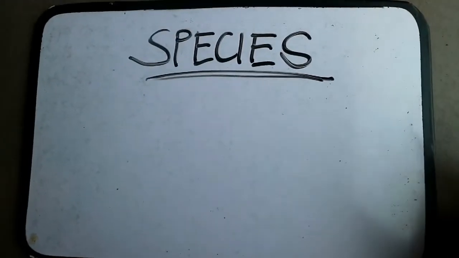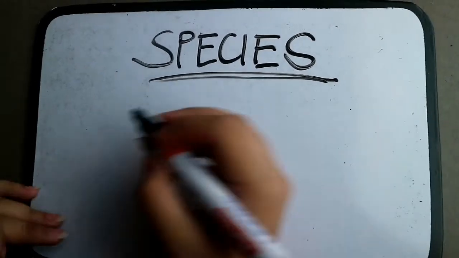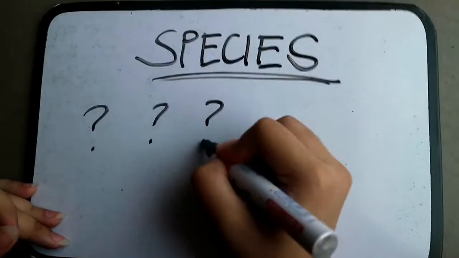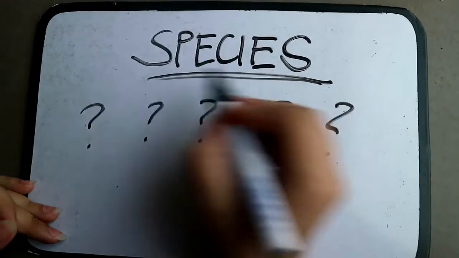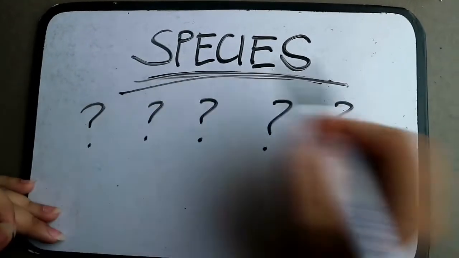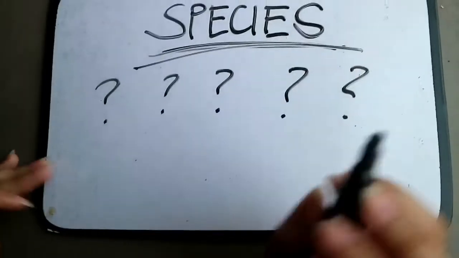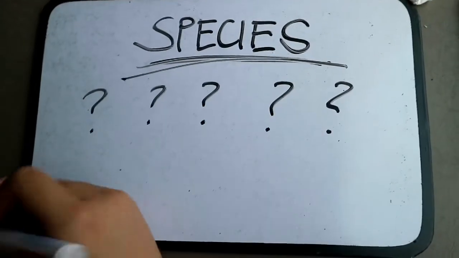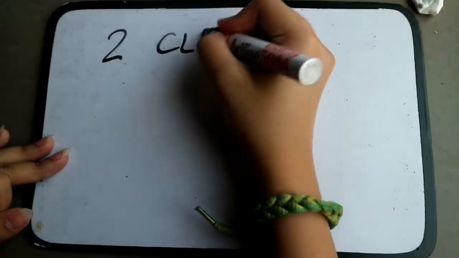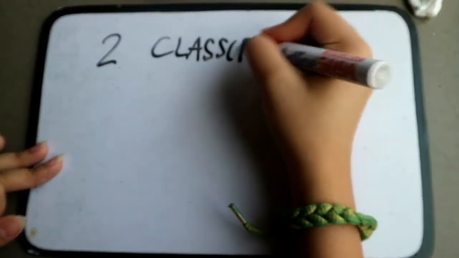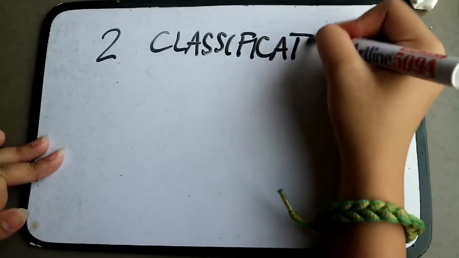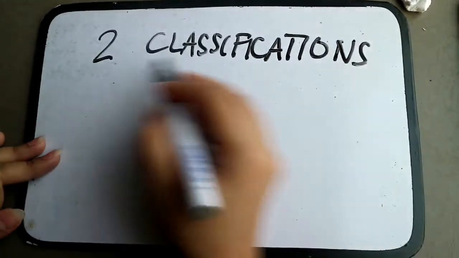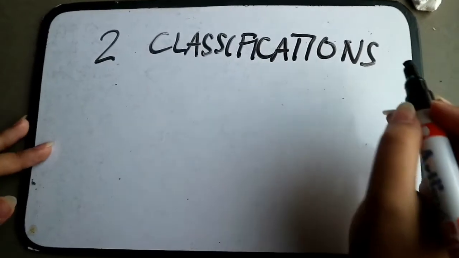Since species has a lot of ways to determine, we need to classify them based on what species is all about. So the question for our topic for today is, how do we classify species? There are two classifications of species.